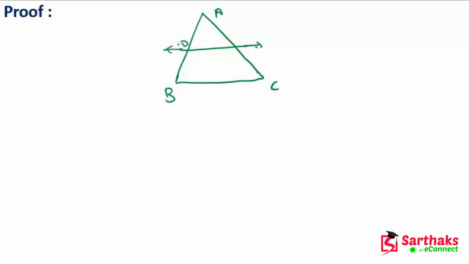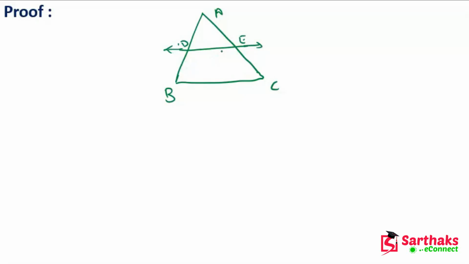So for the proof of this, again, let's draw a diagram. Let's suppose we have a triangle like this, with A, B, C, point D and point E. Now this theorem can be proved by taking the line DE.